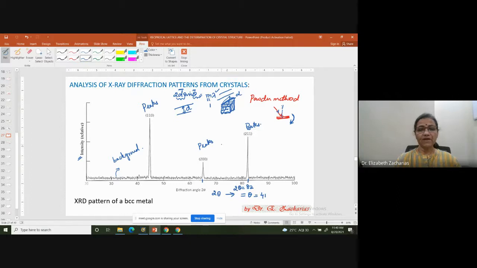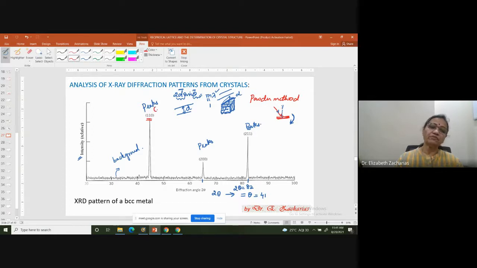Yes, ma'am. So you can see that what I have given here is the X-ray pattern, the XRD pattern. XRD means X-ray diffraction. This is the XRD pattern for a BCC metal. And you must notice that I have written some numbers here. What is this? The numbers in brackets are the hkl of the planes from which this reflection happened.